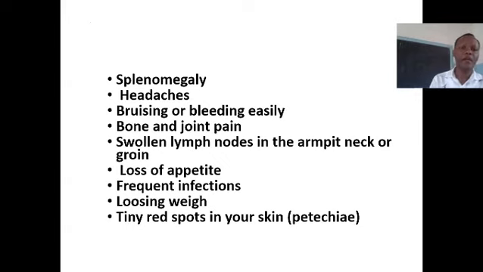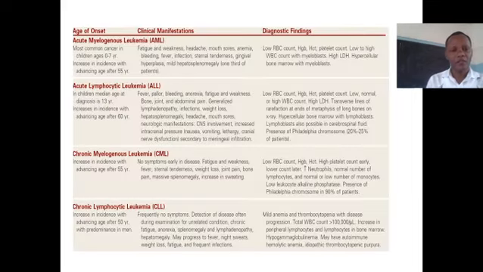Splenomegaly, headache, bruising or bleeding easily, bone and joint pain, swollen lymph nodes in the armpit, neck or in the groin, loss of appetite, na frequent infections, losing weight, teeny red spots in the skin, petechiae. Basi hili ni summary tu ya hayo tuliyosoma. Utajaribu kuyapitia mwenyewe, they are self-explanatory.